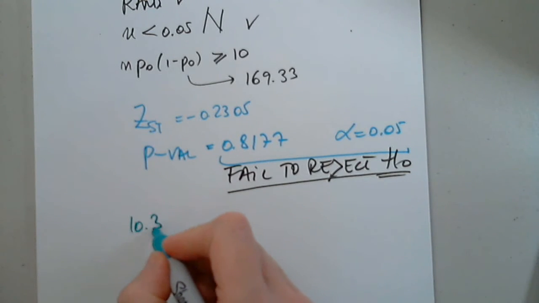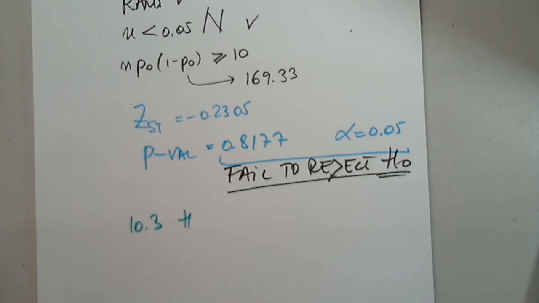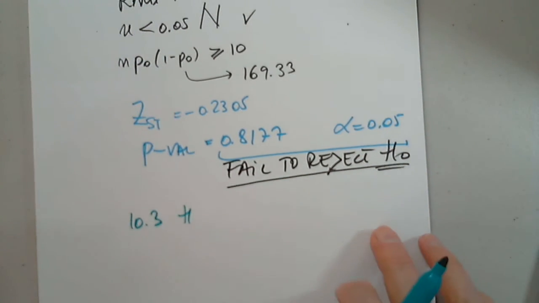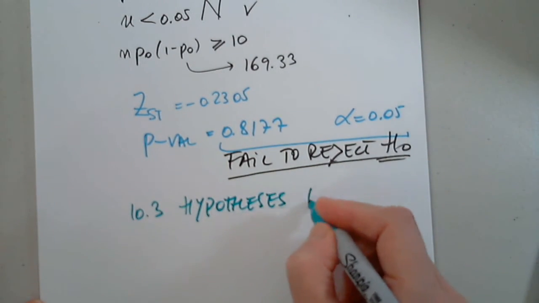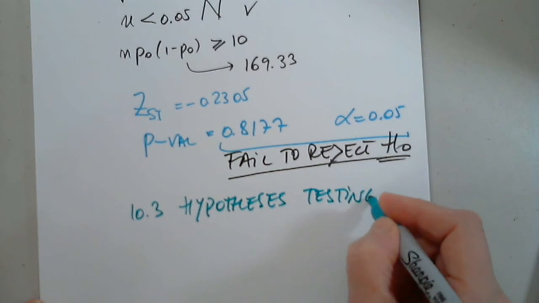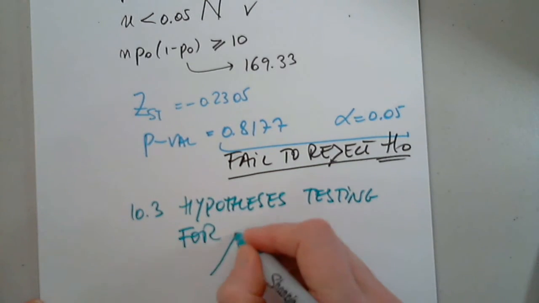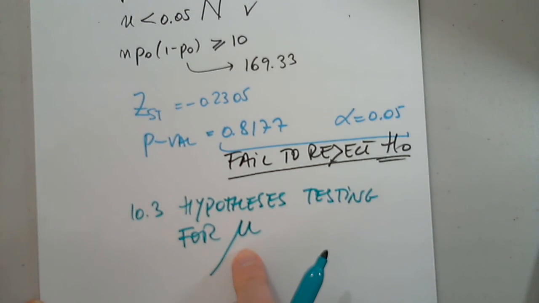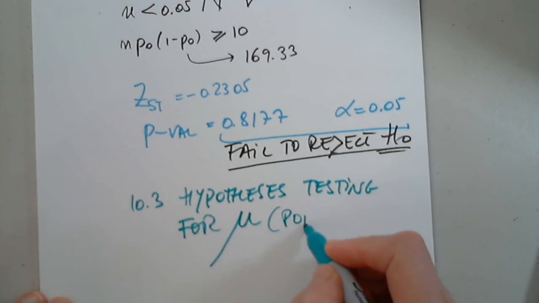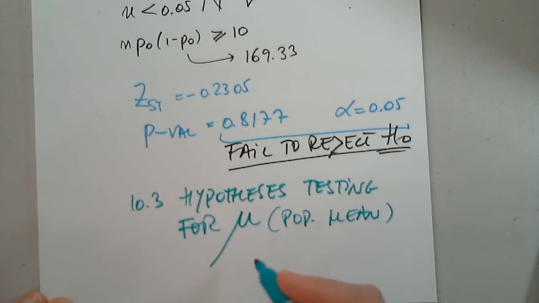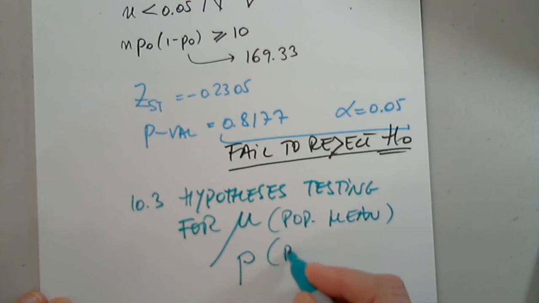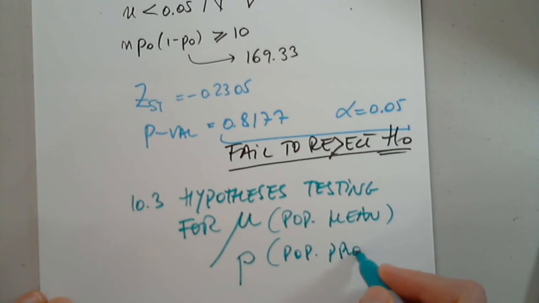So 10.3, hypothesis testing for population mean. Let me write this for you so you know what we're doing again. What we did in the previous section was about P, population proportion.